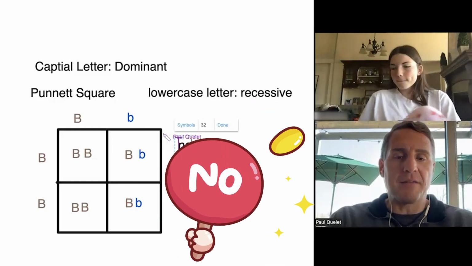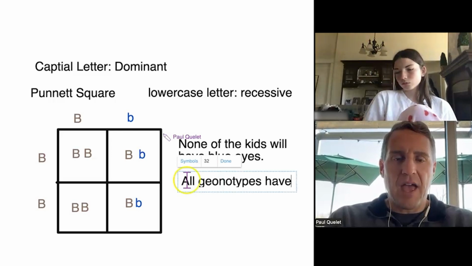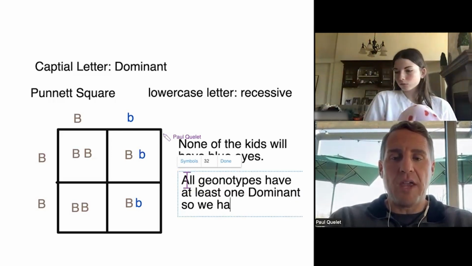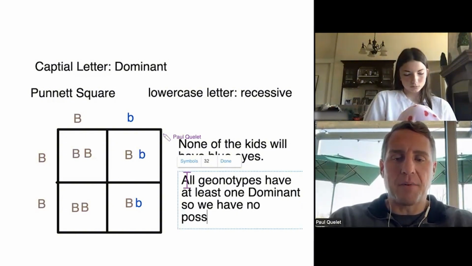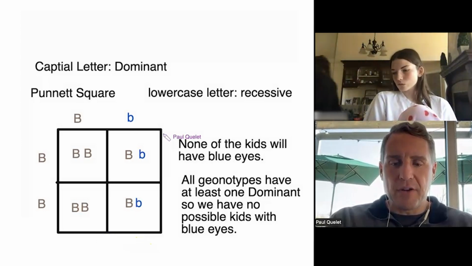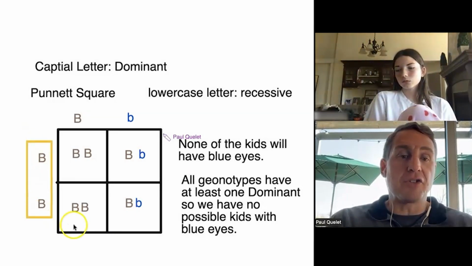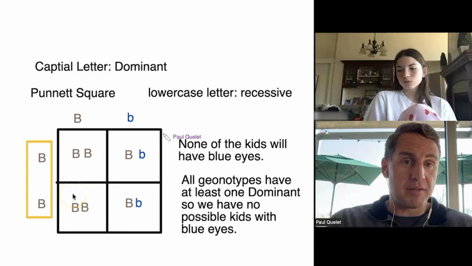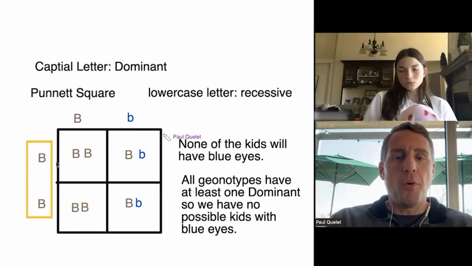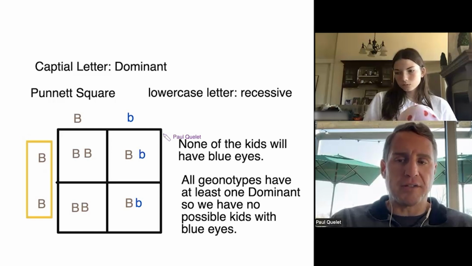Yeah, and why is that? All genotypes have at least one dominant, so we have no possible kids with blue eyes. So consider the mother here. So she's got two dominant brown eyes. If she's got two on the dominant on the brown eyes, is she homogeneous or heterogeneous?